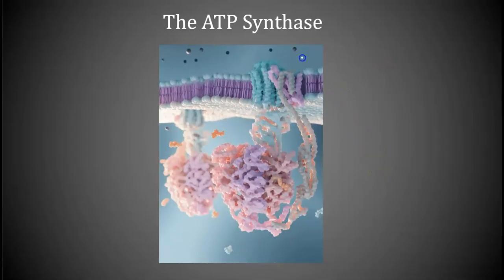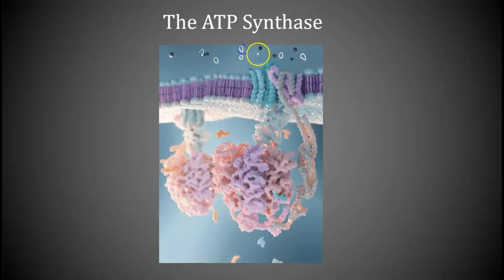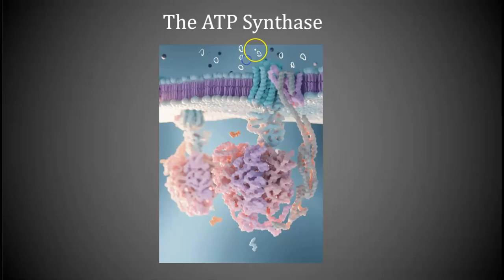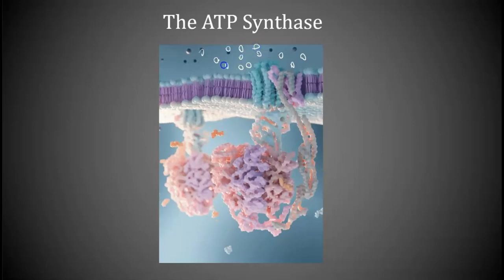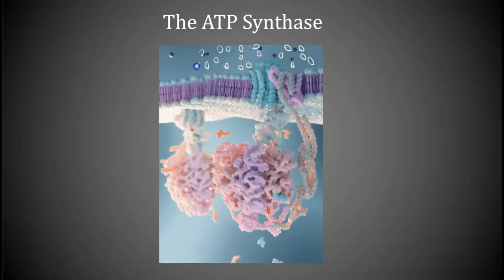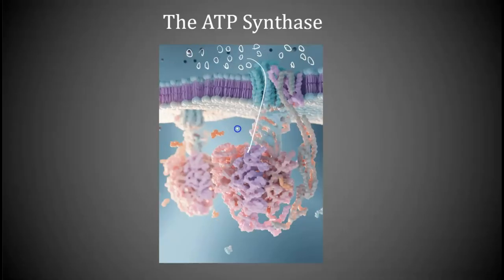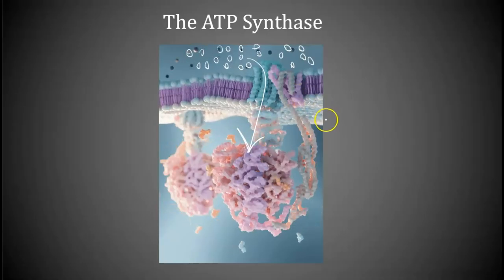So if we can accumulate a lot of these positively charged protons here, they don't want to be next to one another. And so it takes a lot of energy to get these protons to accumulate here. But if we can establish what's known as the proton gradient, then the energy stored in it can be used to drive the ATP synthase to make ATP.